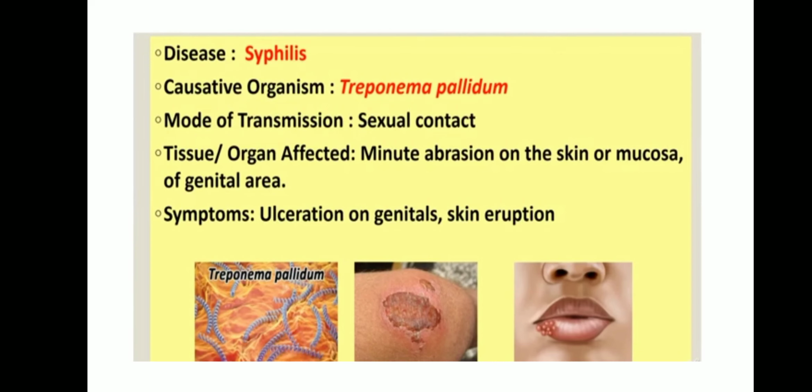So here genital area will be affected. Symptoms: ulceration on the genitals or skin eruption. Ulceration on the genitals, that is wound in the genital area, and then skin eruption also.